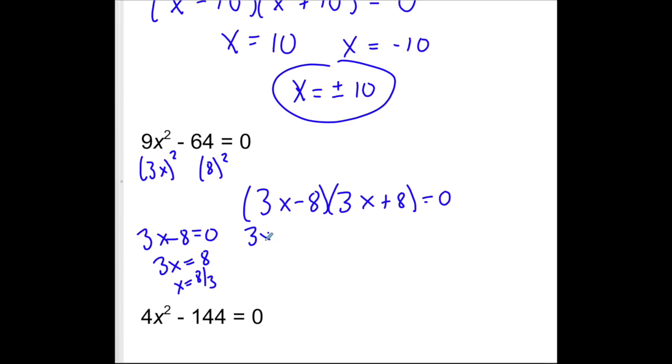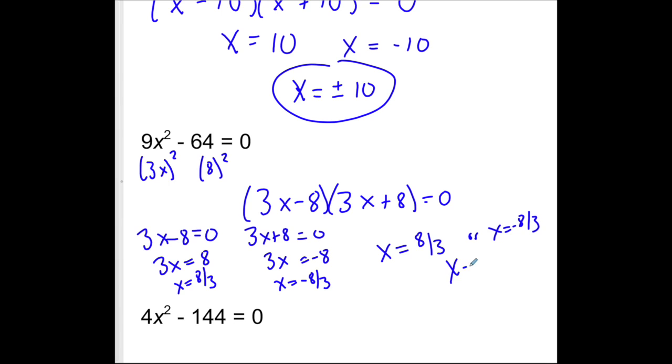If I solve the second one, same idea, but you'd start with subtracting 8 and then dividing by 3. So x is equal to 8 thirds, or x is equal to negative 8 thirds, or you could also say x equals positive or negative 8 thirds.